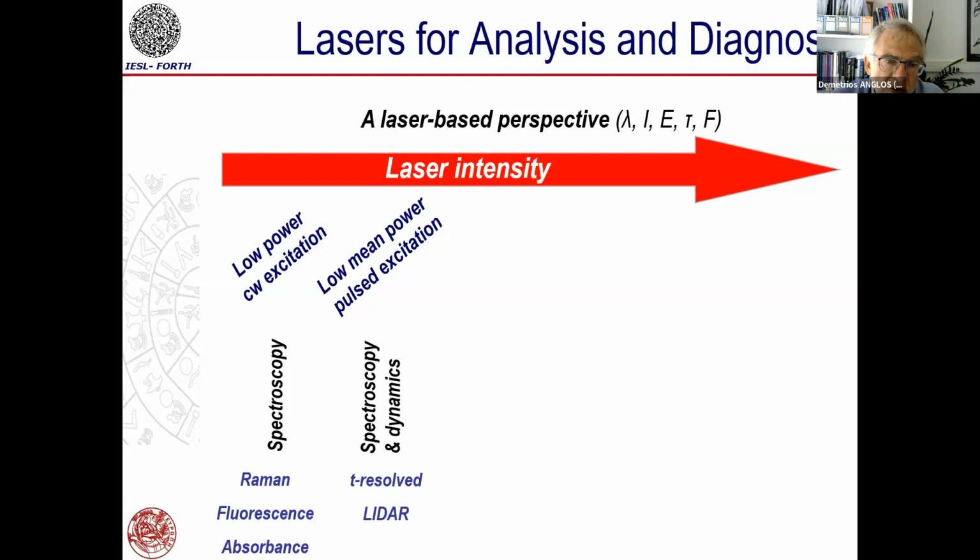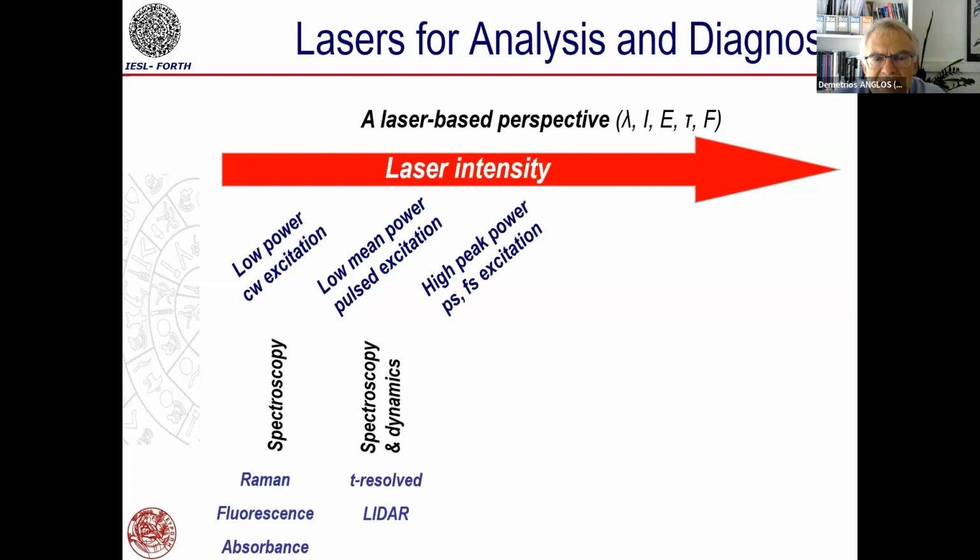Therefore, we can actually do time-resolved spectroscopy, so add the dimension of time in our understanding, in our analysis, and also we can do the so-called LiDAR schemes, laser-induced detection and ranging, because that means that we can identify materials, objects, substances which are located far away from our source, and by the round trip travel time of a laser pulse, we can actually determine where the information is coming from. We will see an example in a minute.